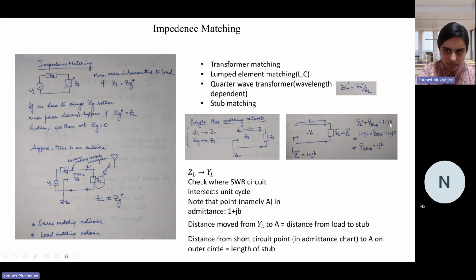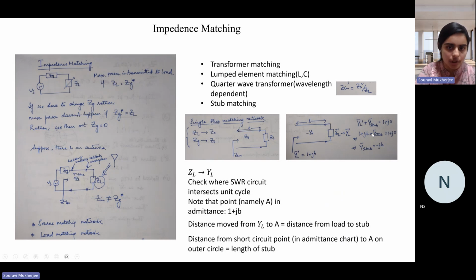We want to make this term 0, we want it to match. This is something we need to find, and this YL prime is something we have got from here. So you write 1 plus jB plus this term, which we need to find.